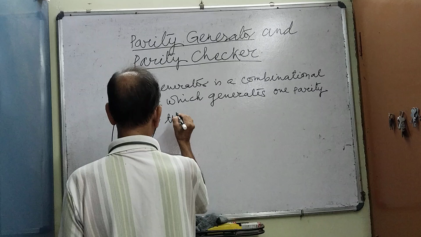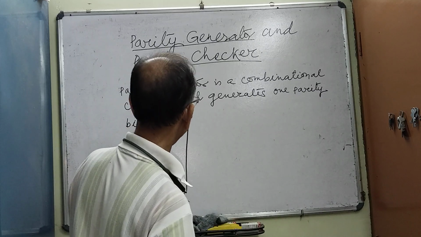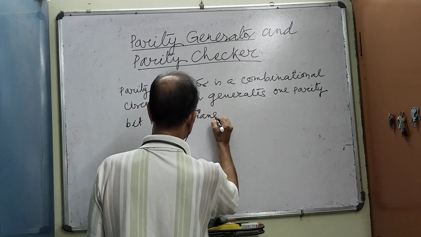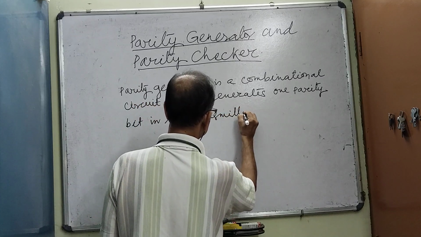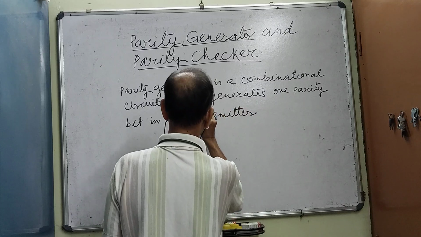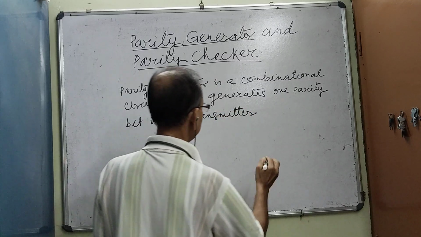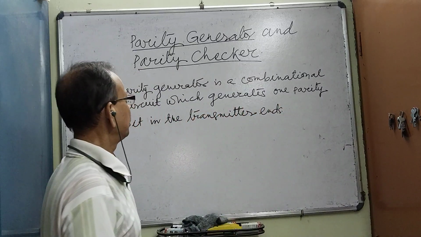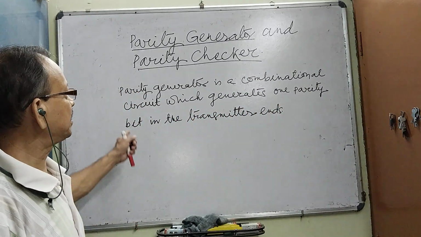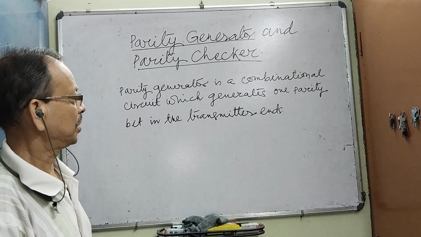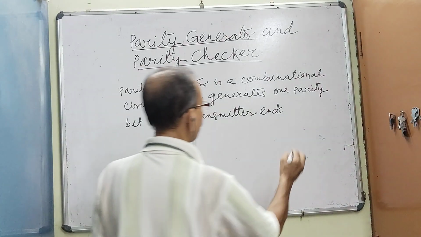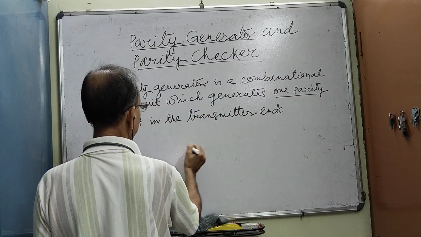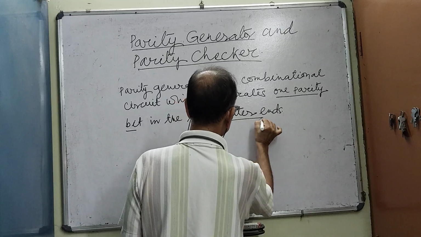in the transmitter end. That is, the parity generator will generate one parity bit in the transmitter end.